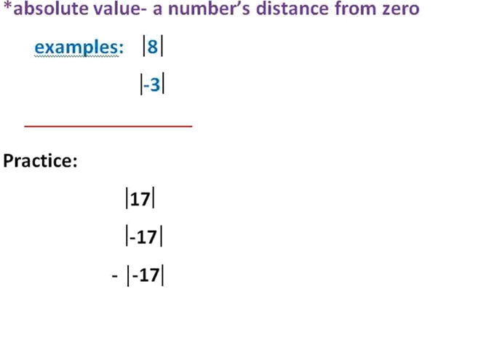And what I was just demonstrating on that last page actually has a name. Go ahead and record this in your notes as a definition. Absolute value. Absolute value is a number's distance from 0. And it's shown by these two vertical parallel lines. So this right here means the absolute value of 8 is how you would read that.